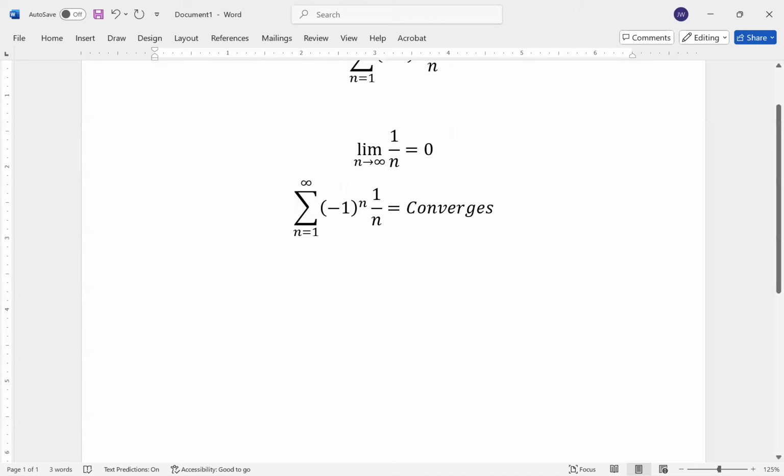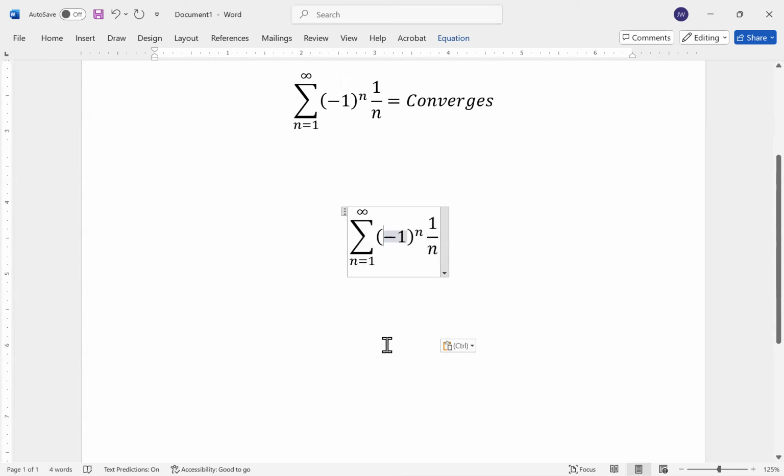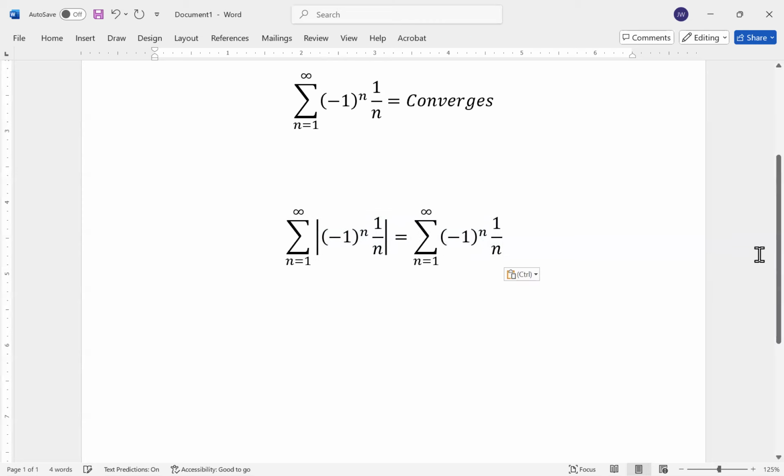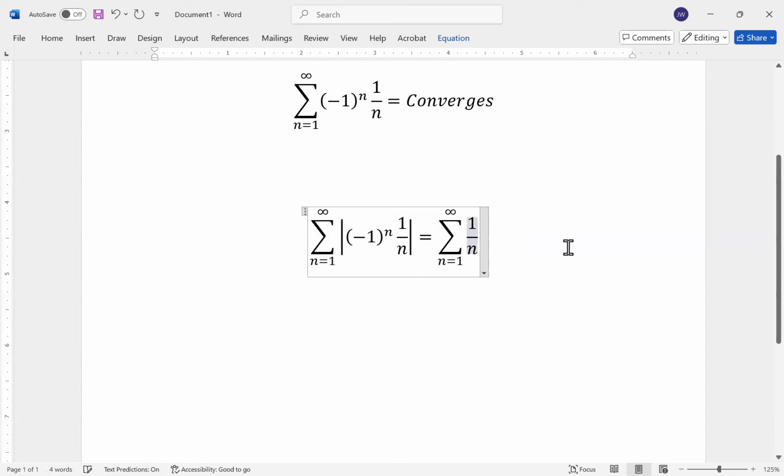Now, here's the strange thing about that. What if this was not alternating? What if instead of taking the infinite sum, I took the infinite sum of the absolute value of every term? Well, the absolute value of negative 1 to the n is just going to be 1.